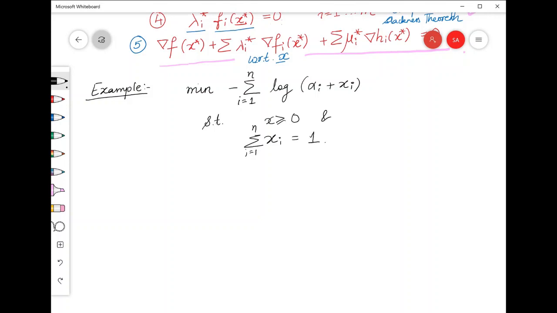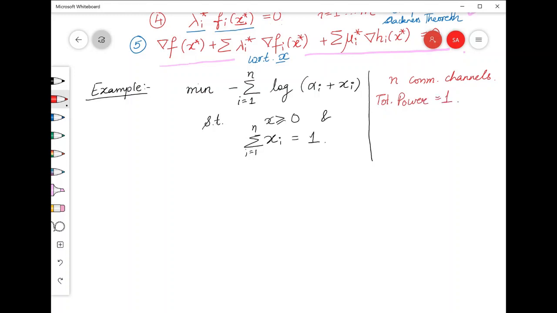Now you can draw a parallel of this particular optimization problem with a communication system. Suppose you have n communication channels, and you have limited power. So your power is 1. The total power available with you is 1.